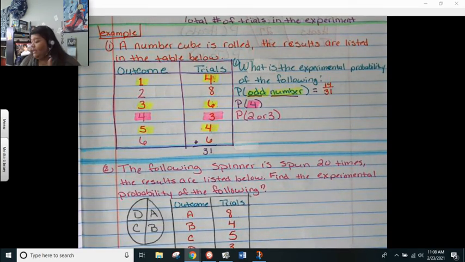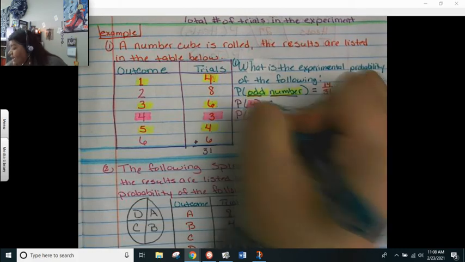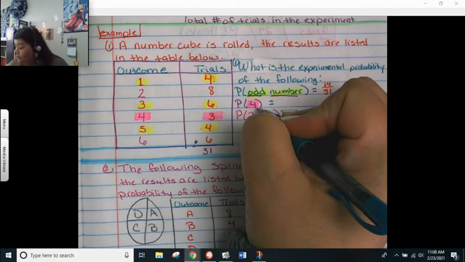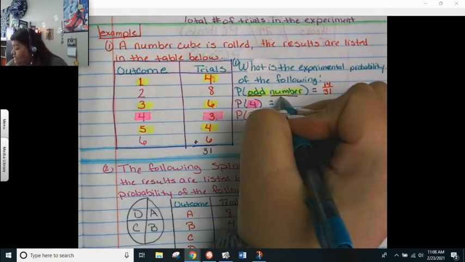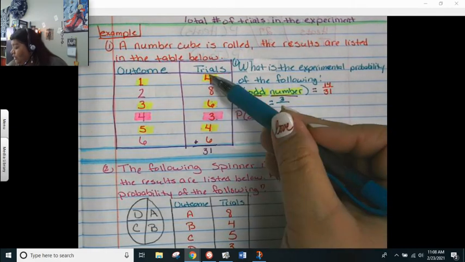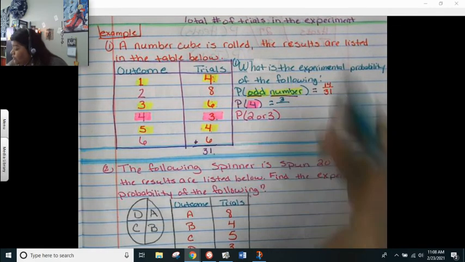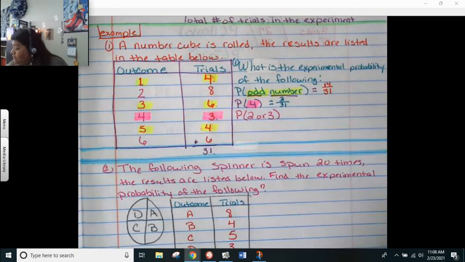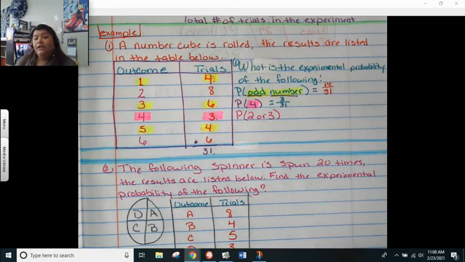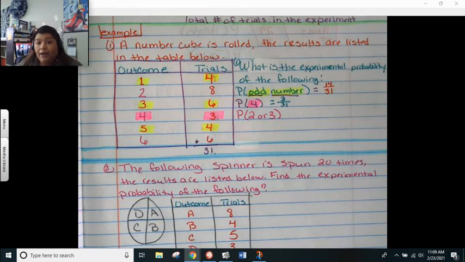That's the important thing, because the top number is how many times did I land on the 4? I landed on it 3 times out of a total of 31 rolls. That can't be simplified. So the experimental probability of me landing on a 4 in this example is a 3 out of 31 shot, because I literally got it 3 times out of 31.